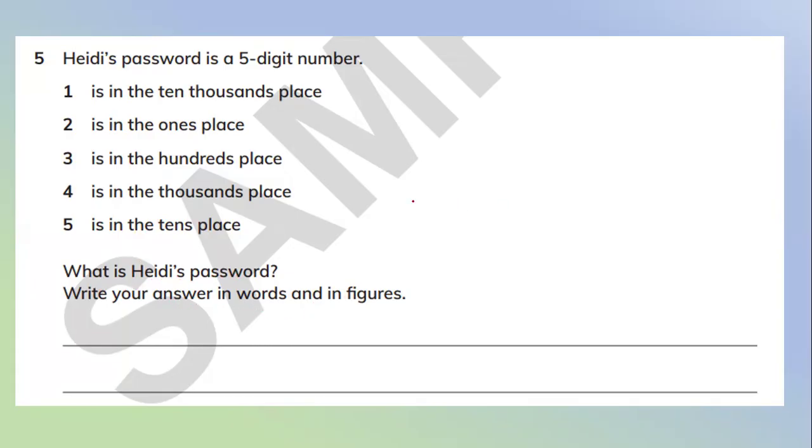So let's write down here first. 5 digits: 1, 2, 3, 4, 5. This is ones, tens, hundreds, thousands, 10,000 place.